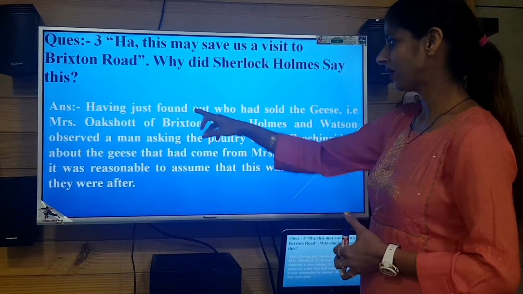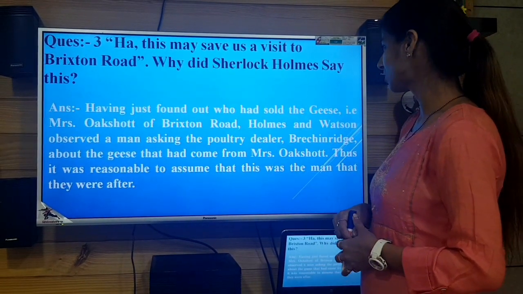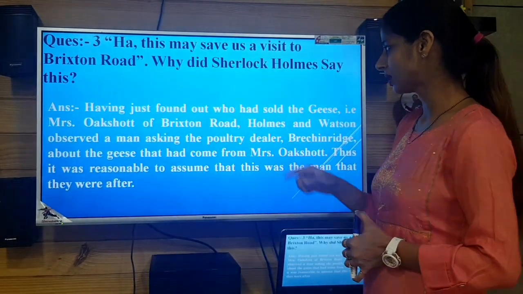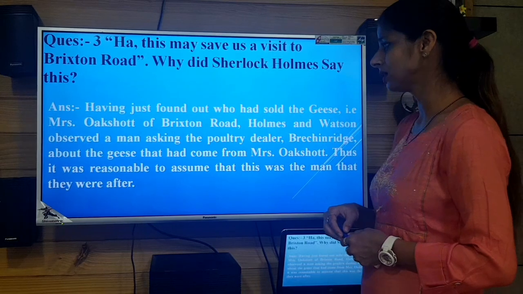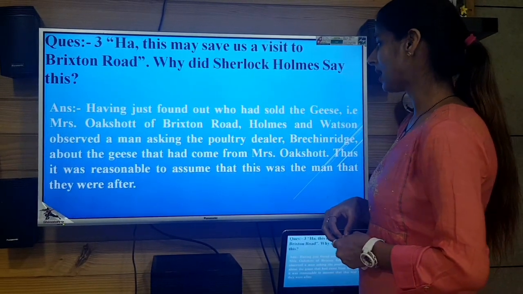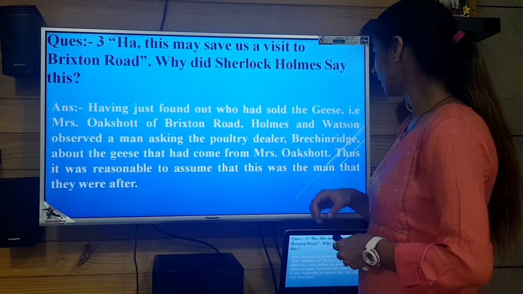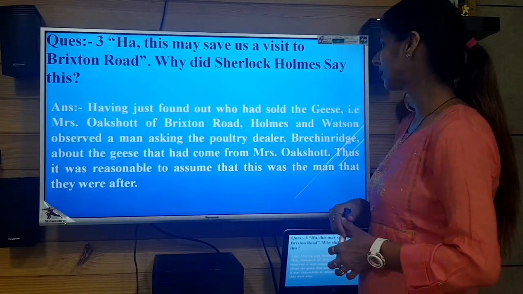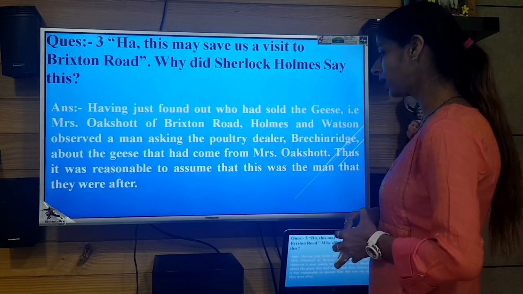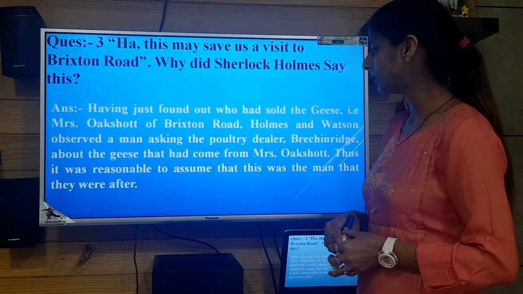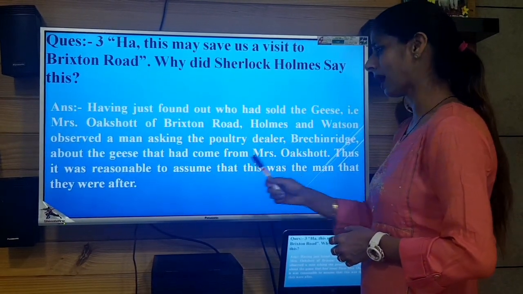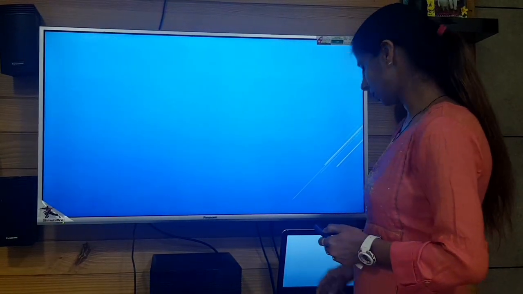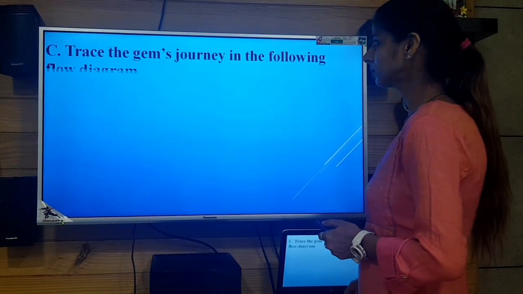Having just found out who had sold the geese, that is Mrs. Oakshott of Brixton Road, Holmes and Watson observed a man asking the poultry dealer Breckenridge about the geese that had come from Mrs. Oakshott. Thus it was reasonable to assume that this was the man that they were after, right? So this was the answer.